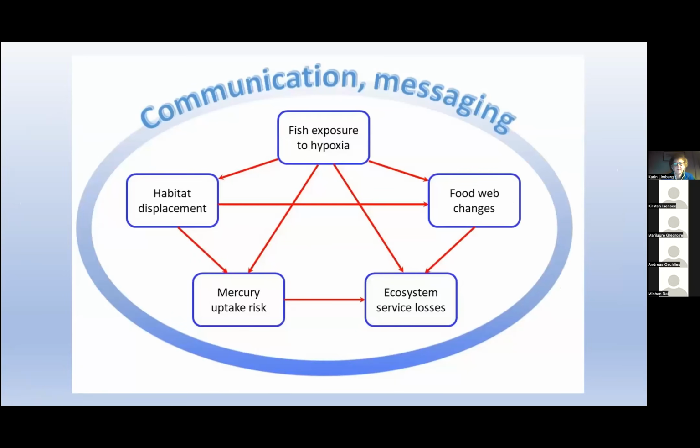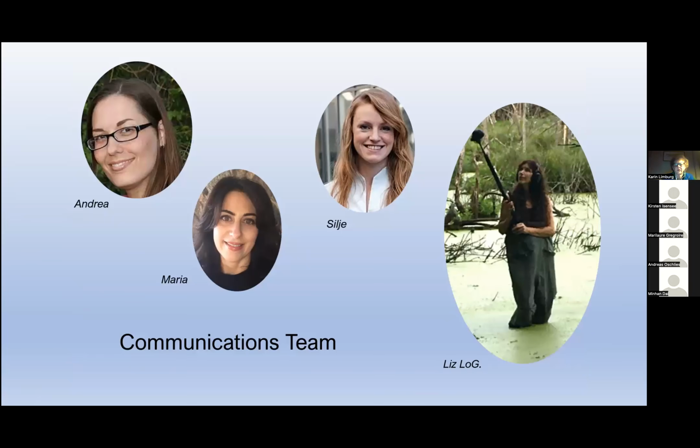Finally, then we have a strong team doing messaging. Trying to take all of this information that we're gathering, and go beyond that and make communications about the situation with the world's oceans and the linkages that, for example, Minhan talked about with watersheds. And this is the communications team. Mostly these are people at my home institution of SUNY College of Environmental Science and Forestry.